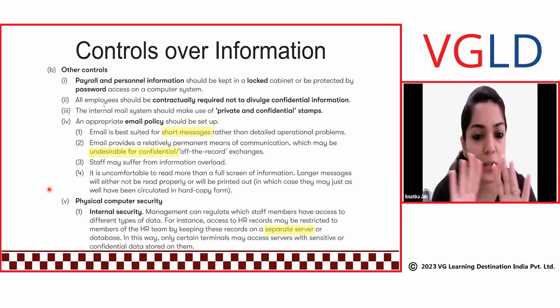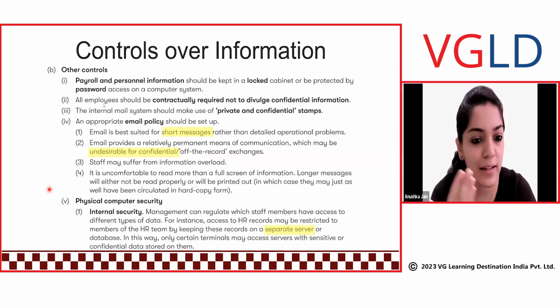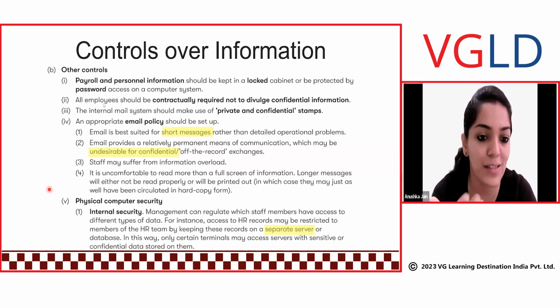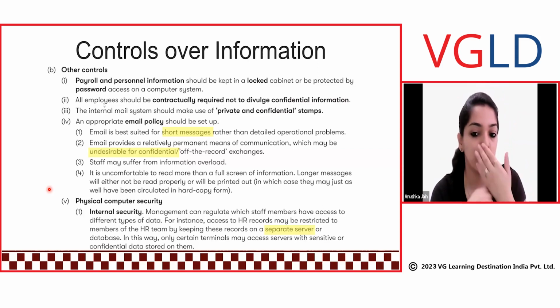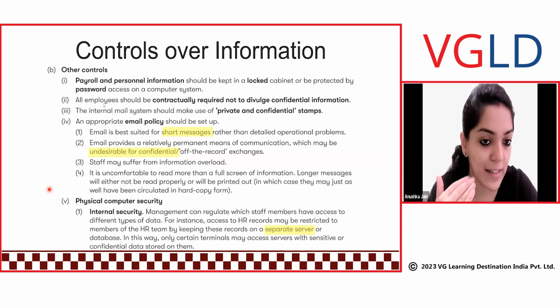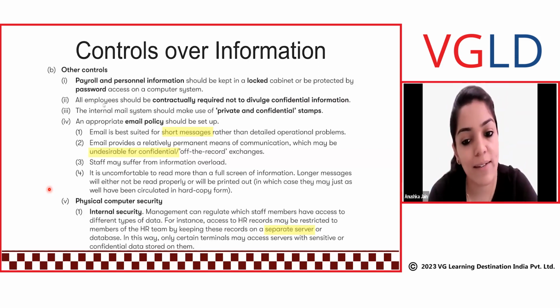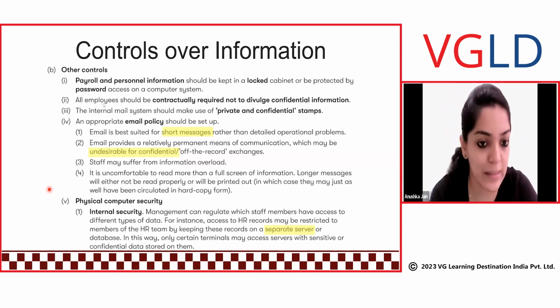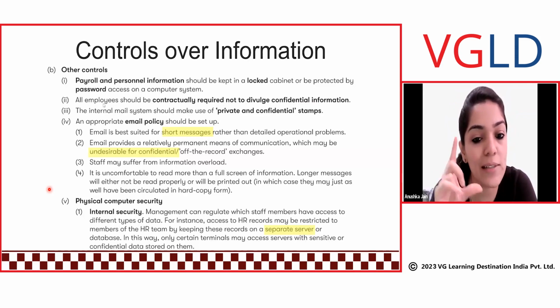People find it difficult to keep on reading on the screen. They are used to, as humans, reading on paper. So if there are longer messages, you could have printed it yourself and circulated it. There was no need to put it in email form for others to print it out. So it is uncomfortable to read more than a full screen of information.